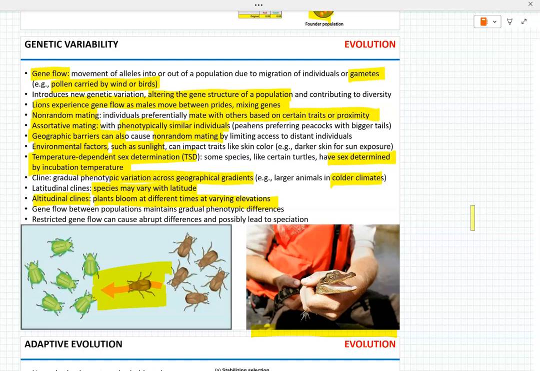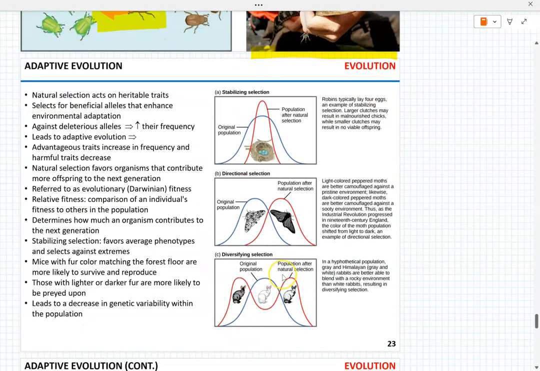When there's gene flow between the populations, it will maintain the phenotypic differences in a gradual way. But when gene flow is restricted, for instance through geographical barriers, that results in quick formation of phenotypical and genotypical differences, and can potentially lead to speciation, as we mentioned before.